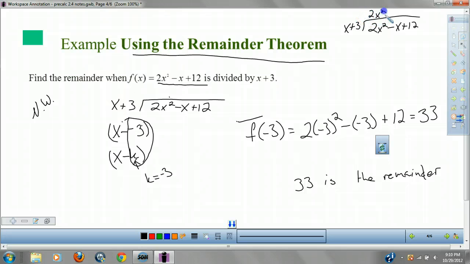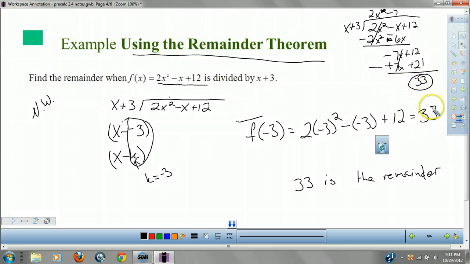It goes in 2x. 2x times x plus 3 is 2x squared plus 6x. Subtract, cancel, negative 7x. x goes into that how many times? Negative 7 times x is negative 7x, negative 7 times 3 is negative 21. Change your signs. These cancel. 33. Hence, we got the same remainder. But we could have just plugged in negative 3 for it.